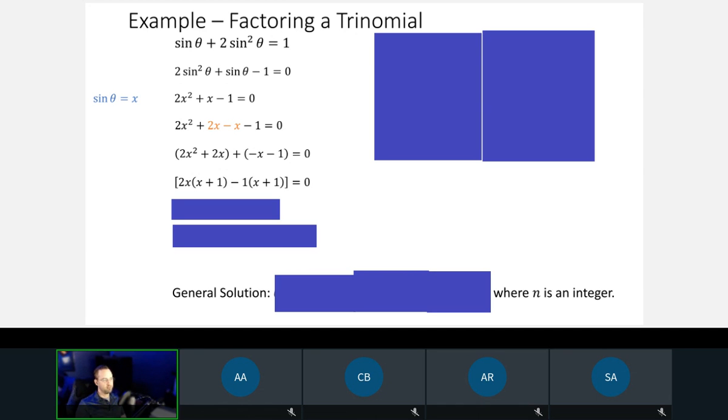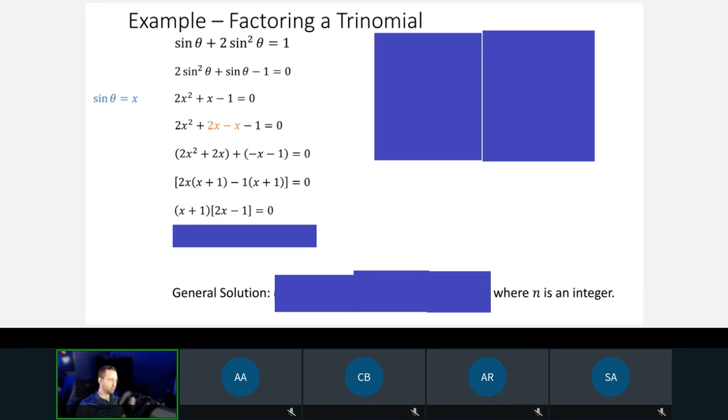The whole point of this step is to get two matching factors in both terms, both of your groupings, and we can now pull out an x plus 1 in front. So we have x plus 1 times 2x minus 1. And then once it's factored in this step, we can replace x back with sine theta.